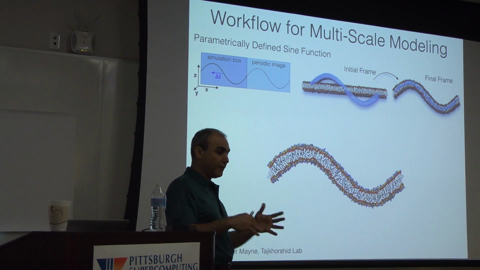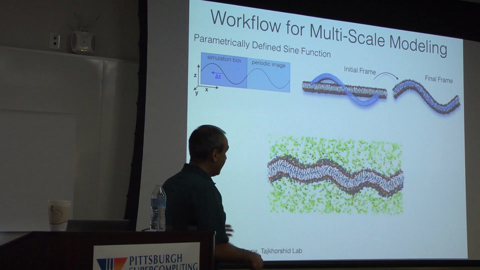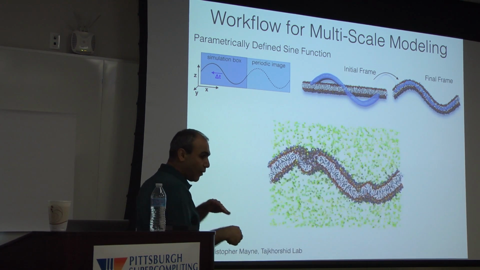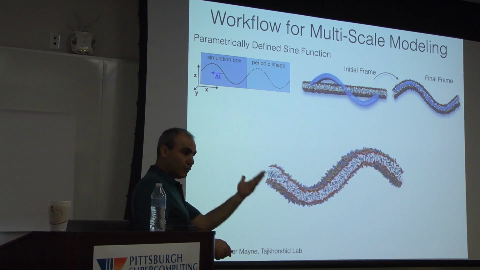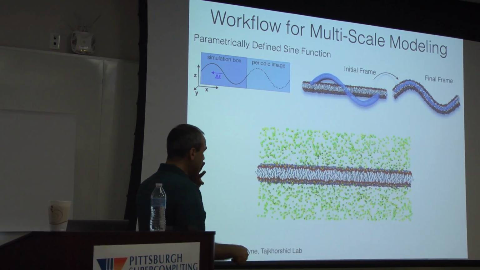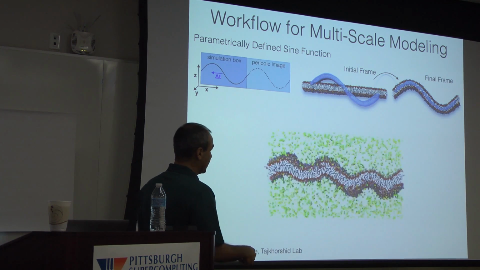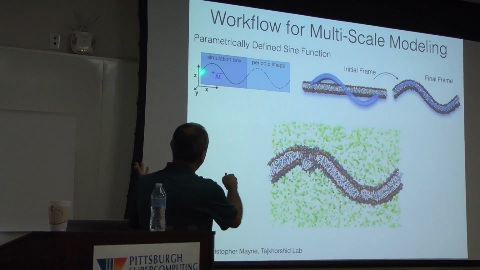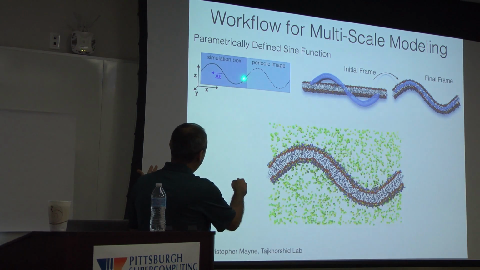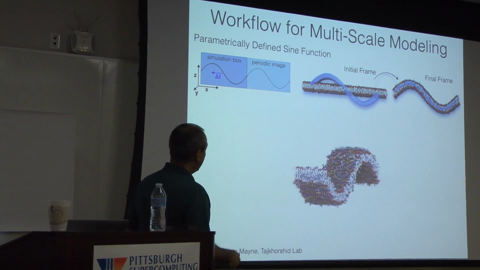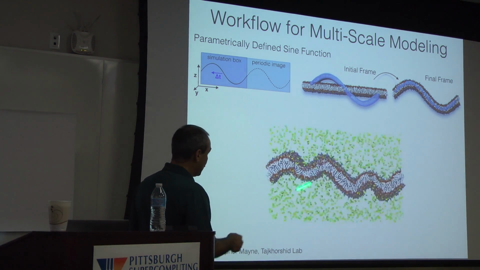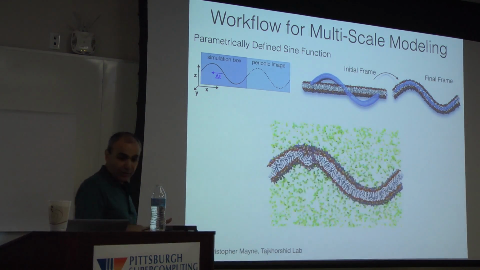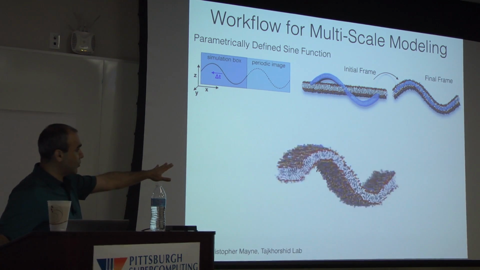You can design a series of shapes, and then I would like my system to follow this shape transformation by just converting it into potentials that are added as external potential. So here's an example, a simple parametric shape. I have a sine function here, and I just add that to my flat membrane. It's a coarse grain simulation system, and I can induce a shape change.